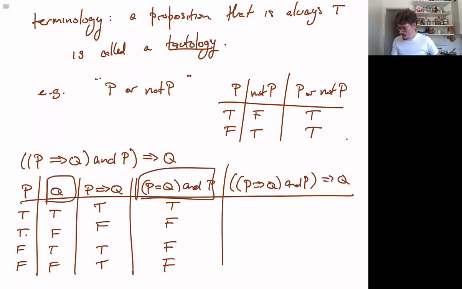When does this column imply this column? So it's only going to fail when the thing at the start is true and the thing at the end is false. And this never happens, we can see, right? Because this is true, this is also true, and the rest of the time this is false.